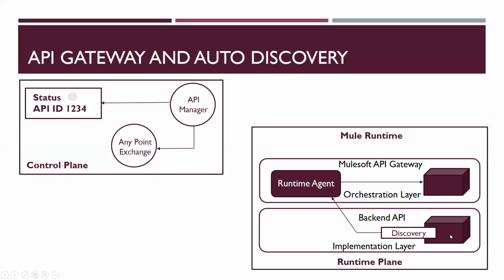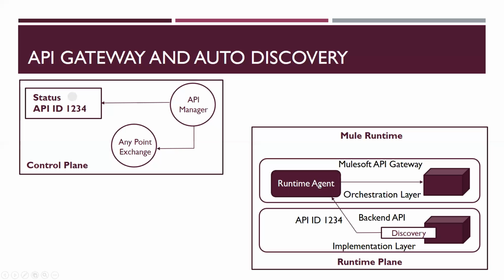We need to configure this same ID in the auto discovery component in our code. Once I configure API ID 1234 in auto discovery and deploy the code, the runtime agent will check that auto discovery is configured and the API ID is 1234.